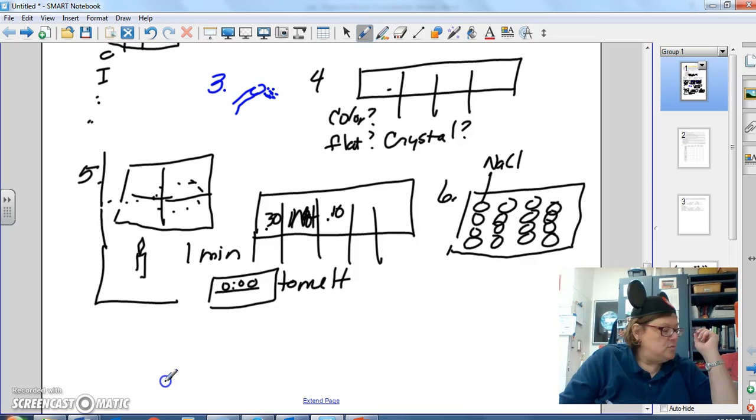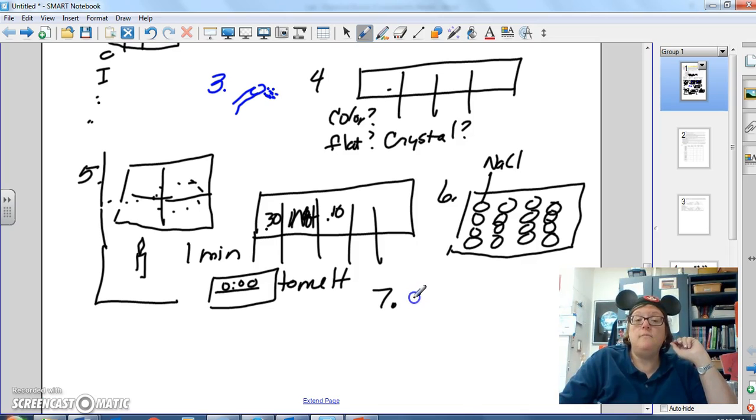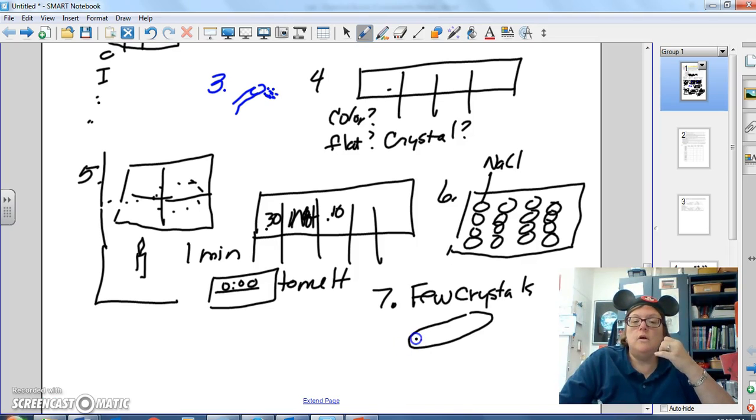Step 7, you're going to put a few crystals. Now, a few crystals. So you're going to take your spatula, and you're not going to put a whole fingernail full. You're just going to put a few crystals or flakes into the well plate.